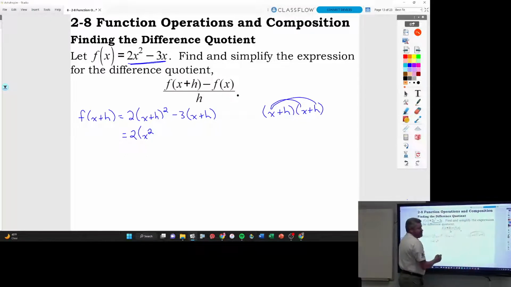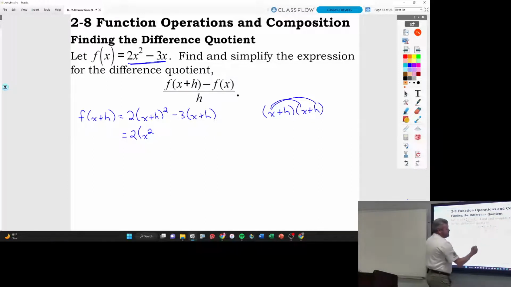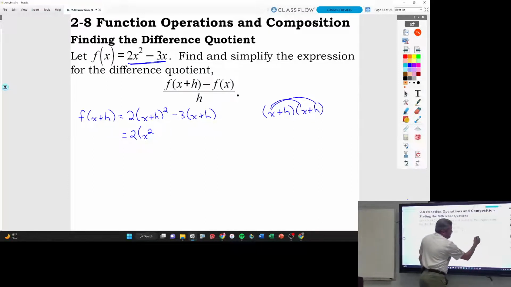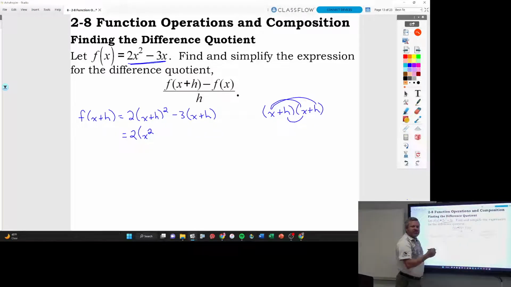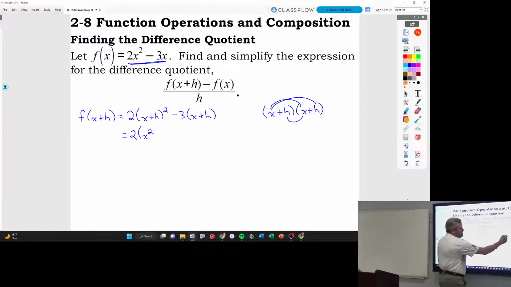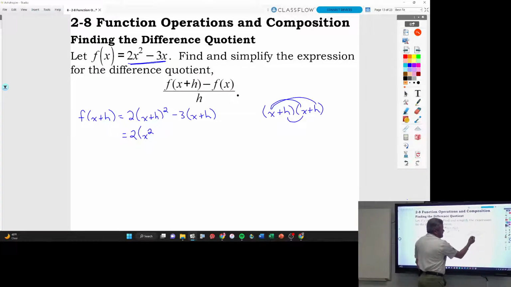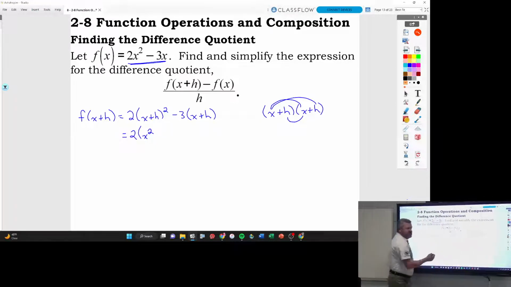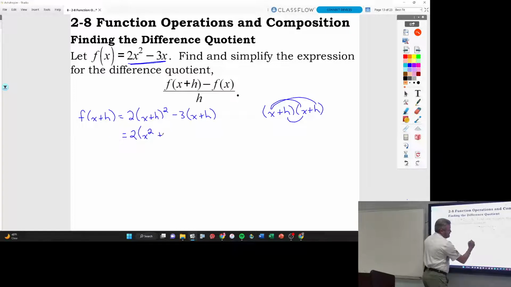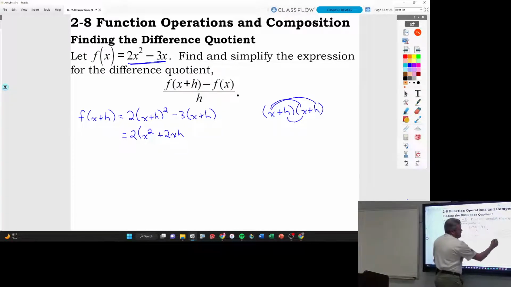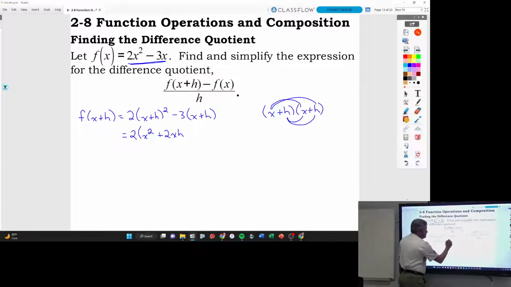X times h is xh. But then I'm going to take the h and distribute it. H times x is also xh. So I have x times h and h times x, which is the same thing. So I have plus 2xh and then plus h squared.